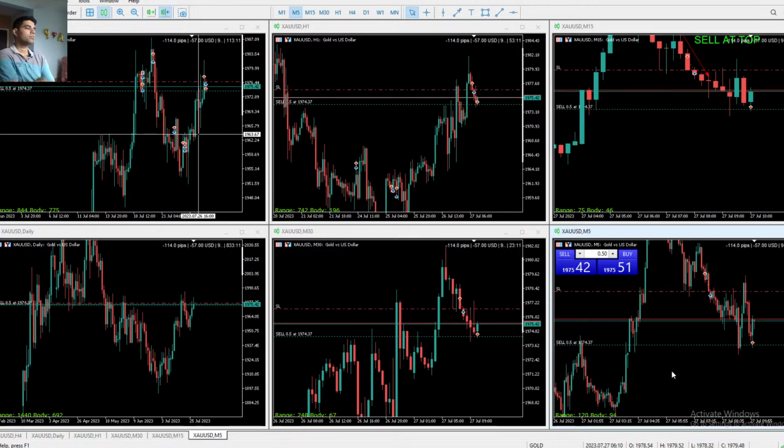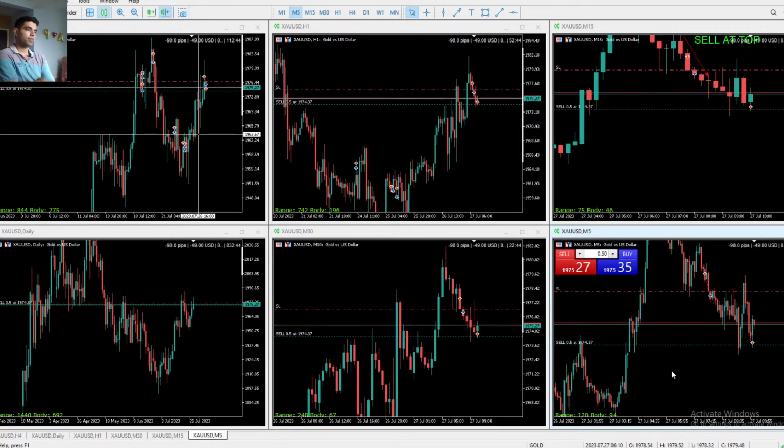And 15 minute is not as accurate as 30 minute and H1. They are a stronger time frame than M15, because on M15 sometimes we get false signals. Okay guys, I entered this trade because it was a London Open.